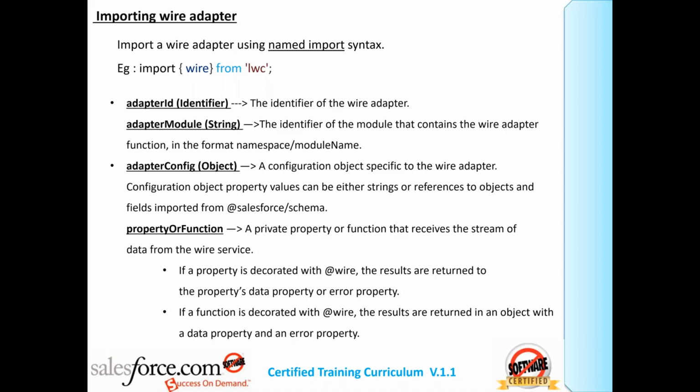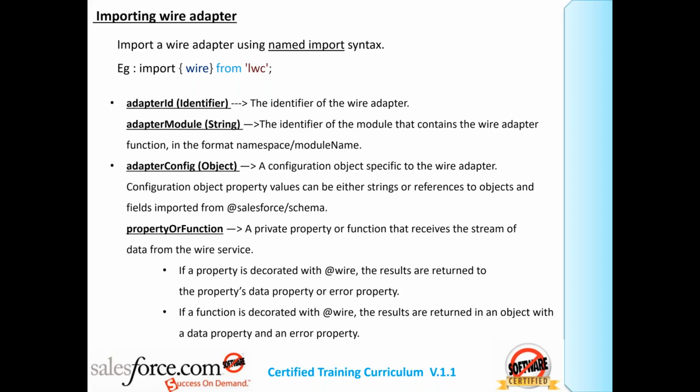Now, next, wire adapter structure. Put a heading called wire adapter structure. Wire adapter consists of adapter ID, adapter module, adapter config, and property or a function.